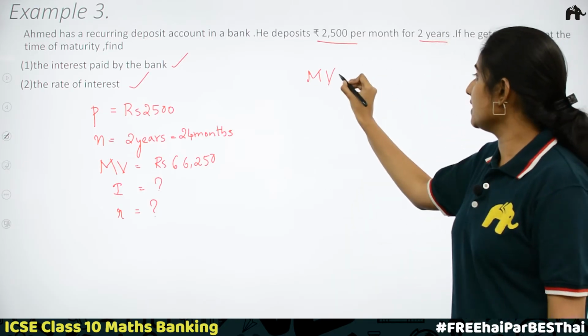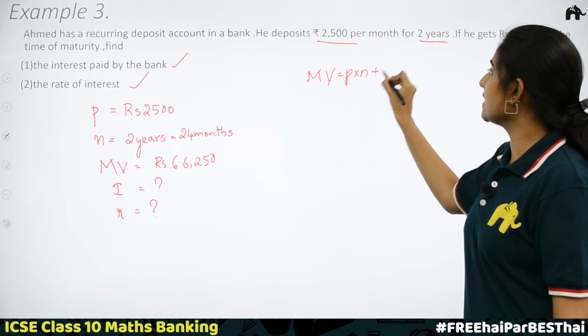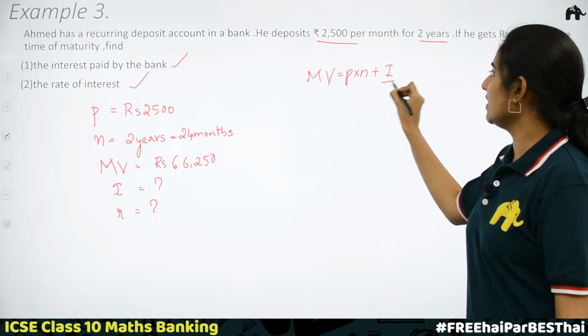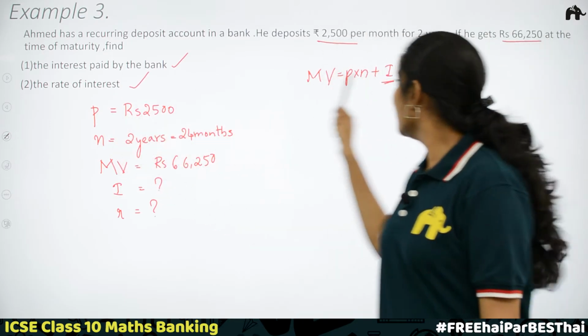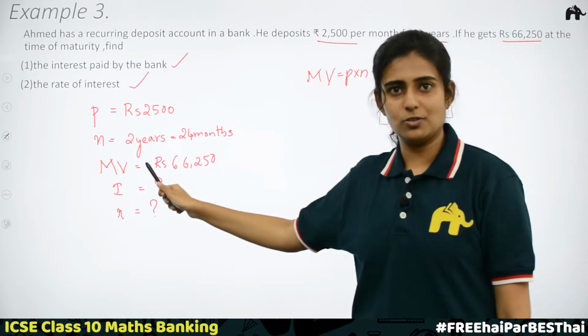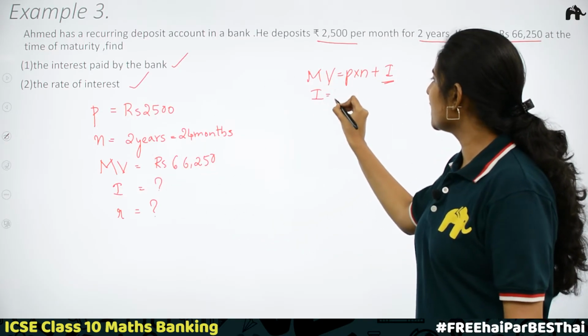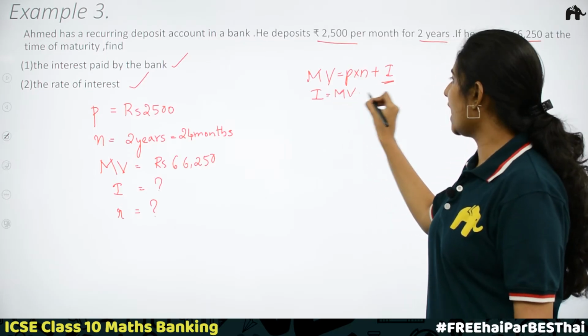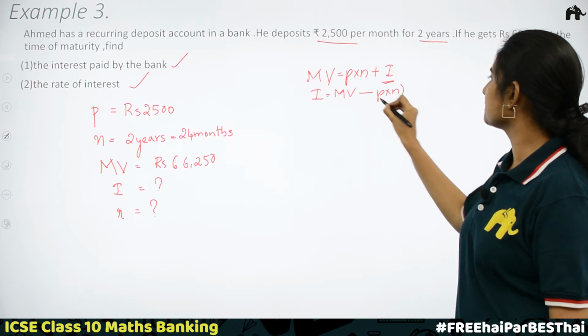Maturity value MV is equal to P into N plus I. Here we have an interest, right? We know the value of P. We know what N is. We know the maturity value. Then how do you find interest? Interest is equal to maturity value minus P into N.